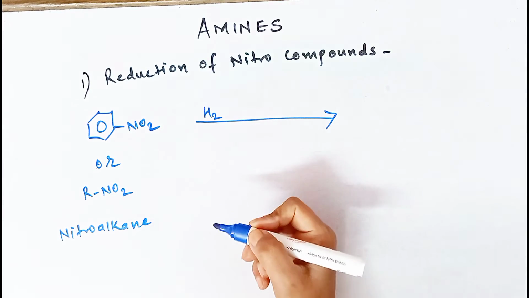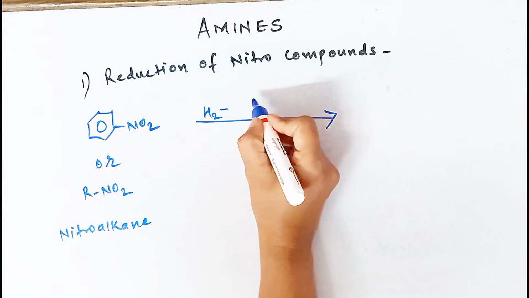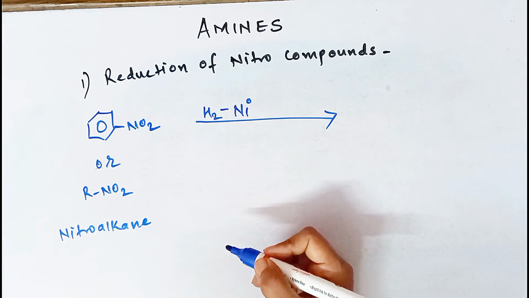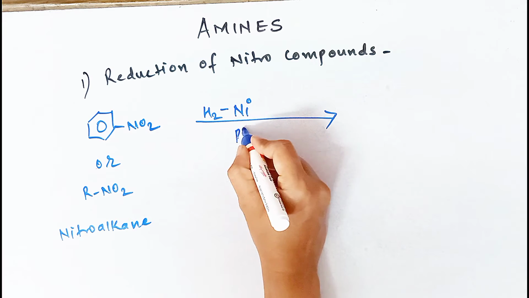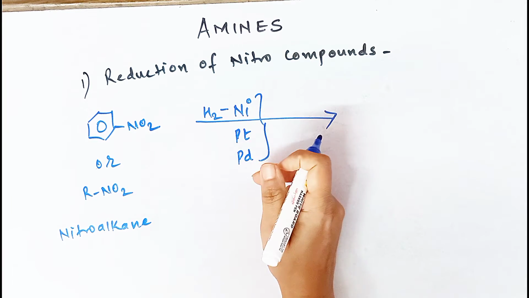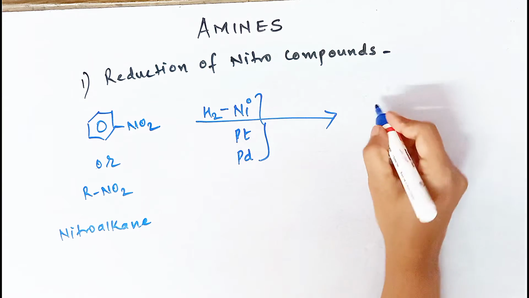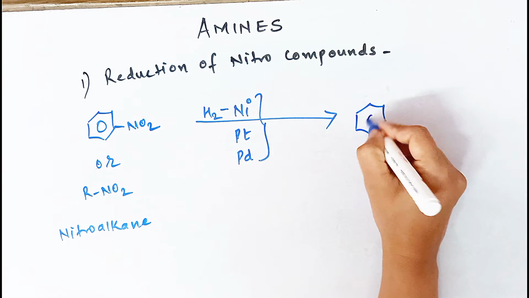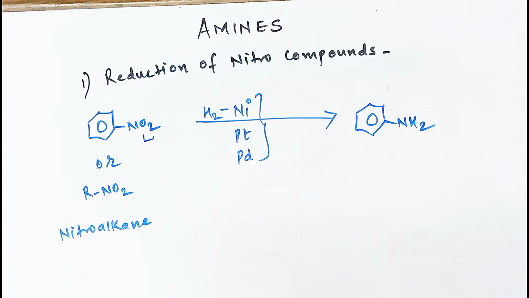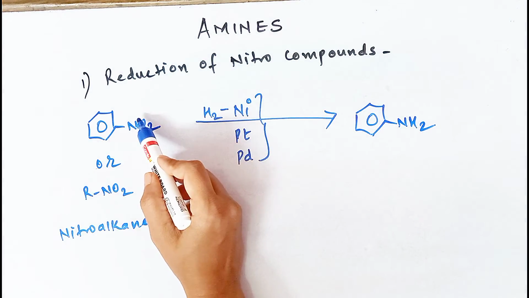Now we are going to reduce them using the reagents which are commonly used, mentioned in the book. So the first technique is catalytic reduction, in which I can use hydrogen gas in the presence of a catalyst like nickel, or we can use platinum, or we can use palladium. We can use any of these three, and that gives you aniline as the product of reduction. In reduction you can see that the oxygens will be removed and the hydrogens will be added.